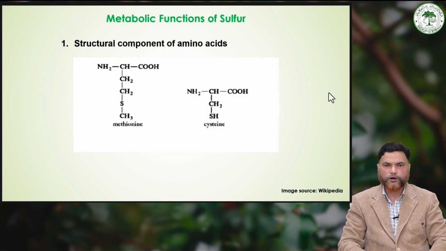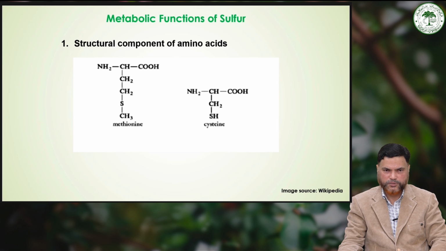Now, what are the important metabolic functions of sulfur? Sulfur serves as a very crucial structural component of amino acids, and amino acids containing sulfur are particularly vital for protein structure, enzyme function and various metabolic processes in living organisms.